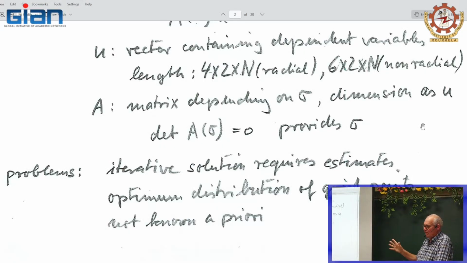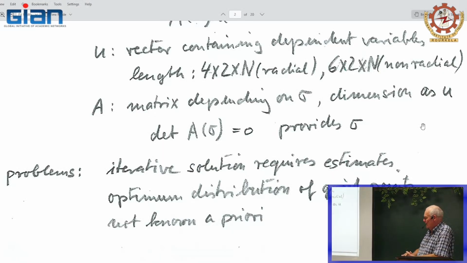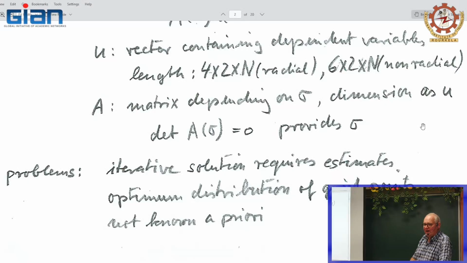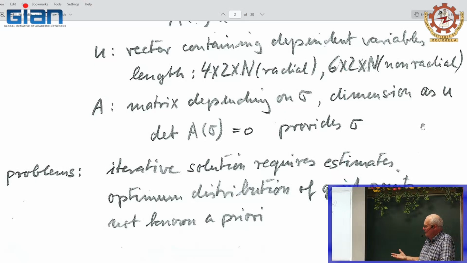Usually you don't have good estimates for the iteration of your eigenvalues. You never know how your perturbations look as a function of radius. The behavior of your function u is not known a priori, only a posteriori.